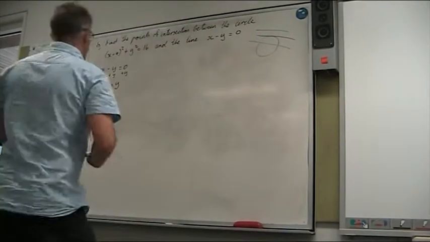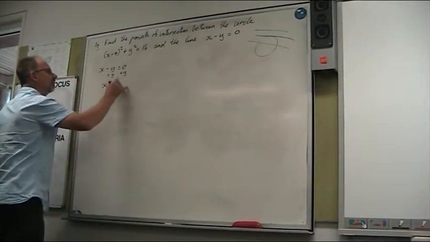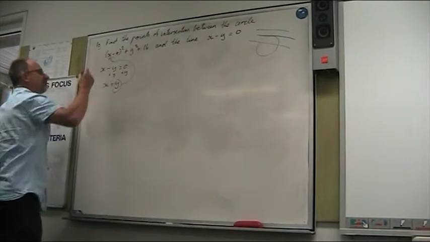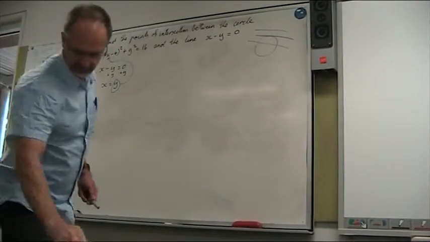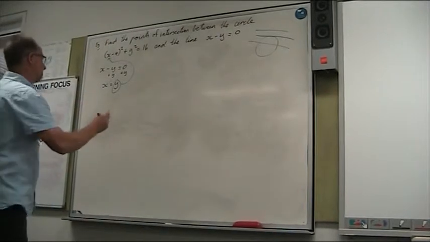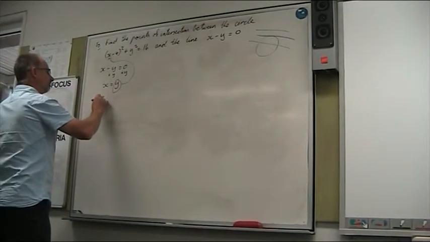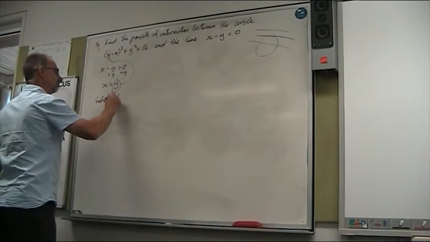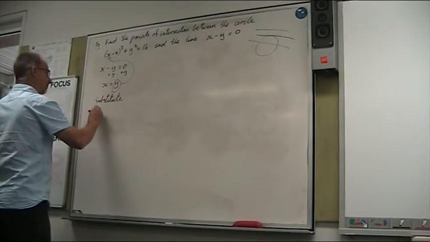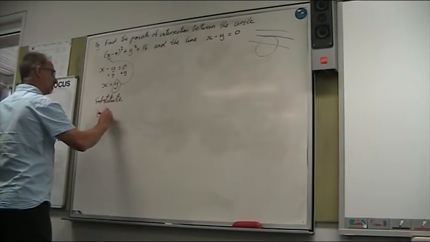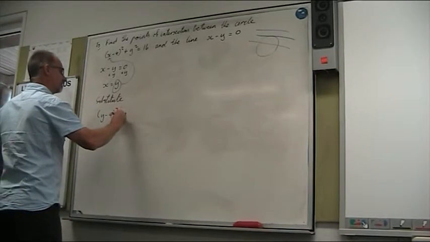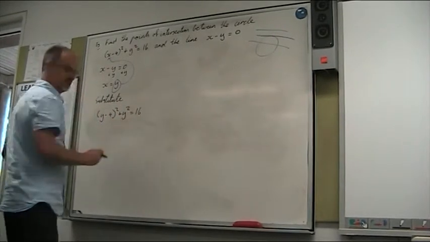So I'll substitute the y up in there for the x. Alright, so substituting. And then I get y minus 4 squared plus y squared equals 16.